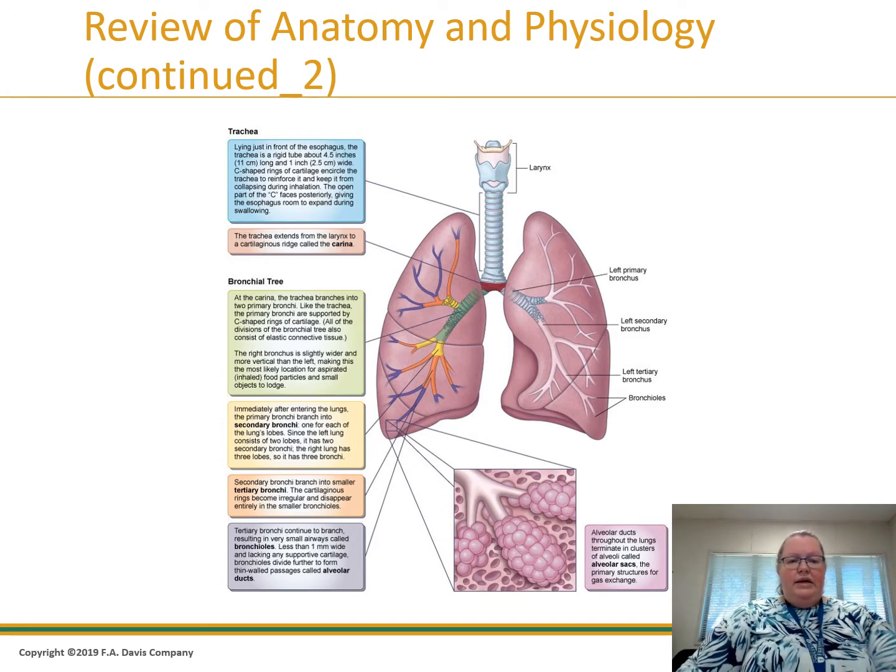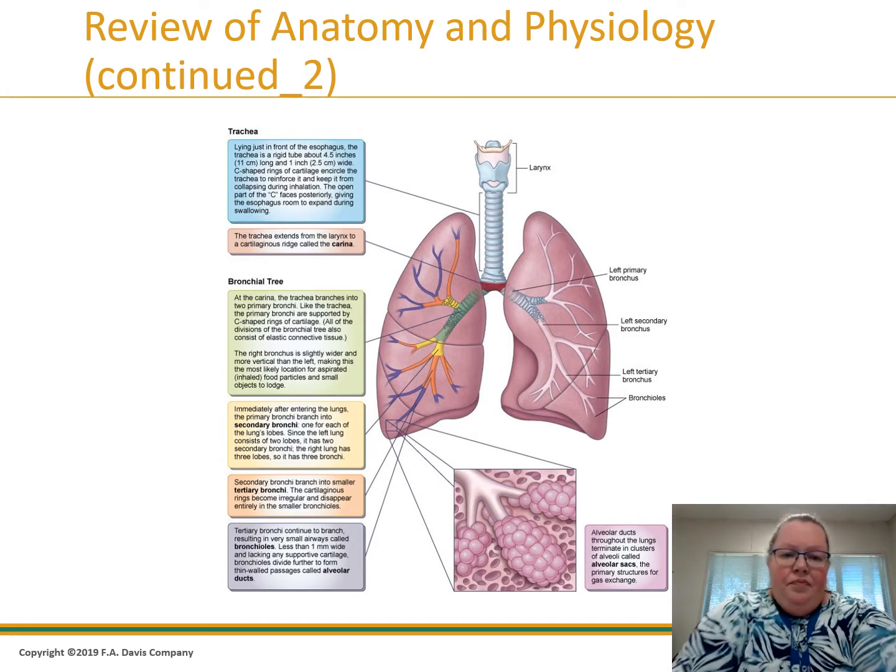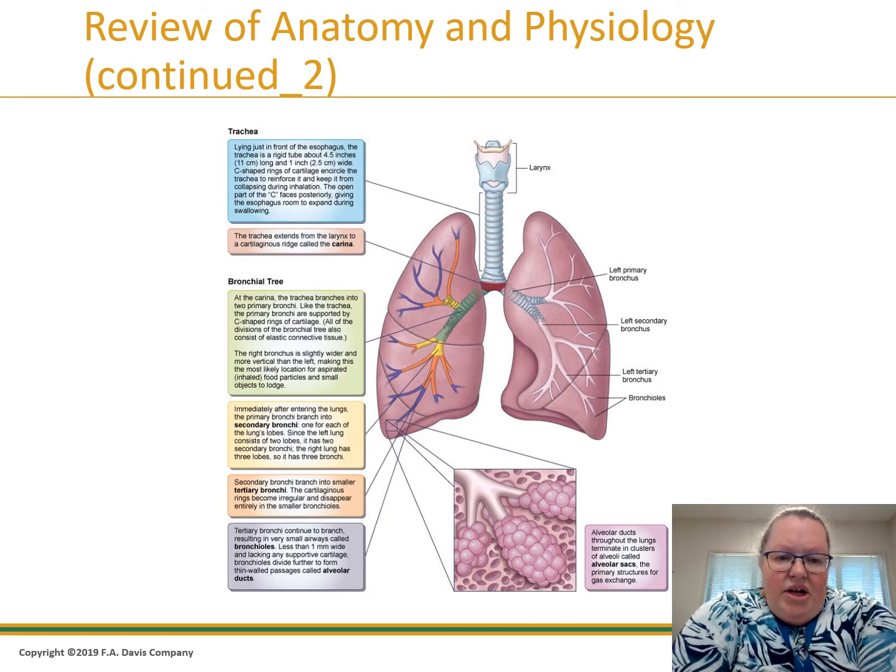Now the trachea is lying just in front of the esophagus. The trachea is a rigid tube about 4.5 inches long and 1 inch wide. Its C-shaped rings of cartilage encircle the trachea to reinforce it and keep it from collapsing during inhalation.